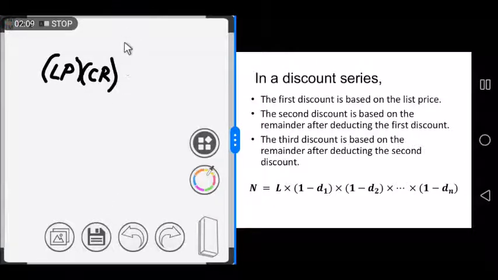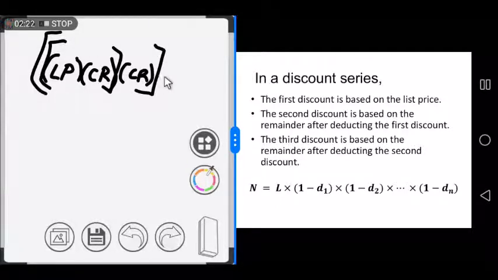Okay? Then, yung sagot dito, diba? I-multiply ulit natin sa complementary rate na pangalawa. Then, yung sagot ulit sa tatlong ito, i-multiply ulit sa complementary rate ng pangatlo.